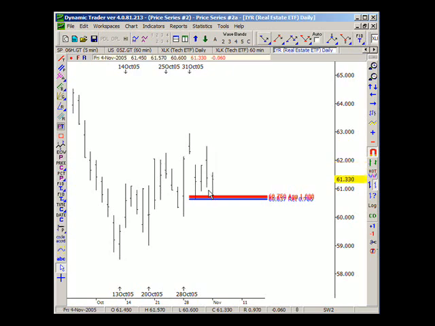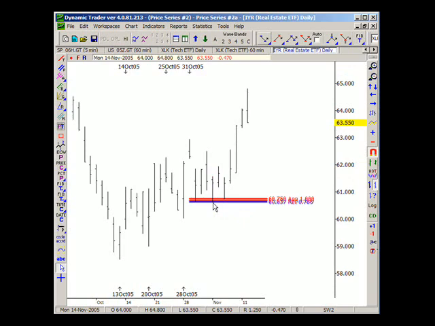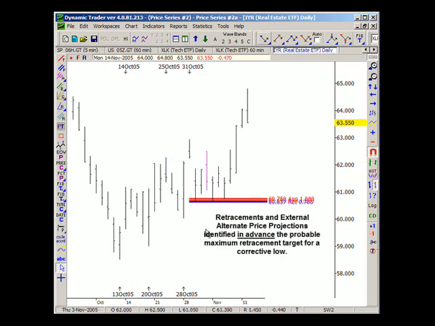So let's add some bars. There's 2 or 3 more days it came down to test that low exactly. Oh boy, were we right about this? Add another bar, it's coming back down, and we add some more bars, and there the market takes off. Again, we were looking for the ideal place to complete a corrective low in a bull trend.